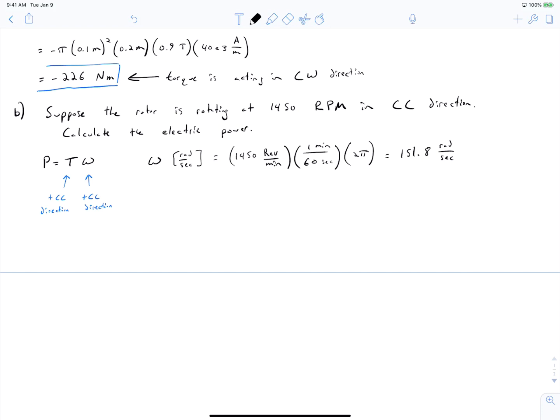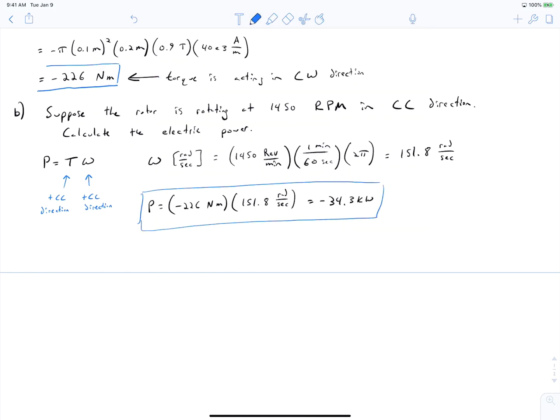Now we're in a position to calculate our power. Since our rotational speed was given to us as a positive value, our angular speed, omega, is also positive, and the shaft is rotating in the counterclockwise direction, while the torque is being applied in the clockwise direction. All of this translates to a negative power, in this case a negative power of 34.3 kilowatts.